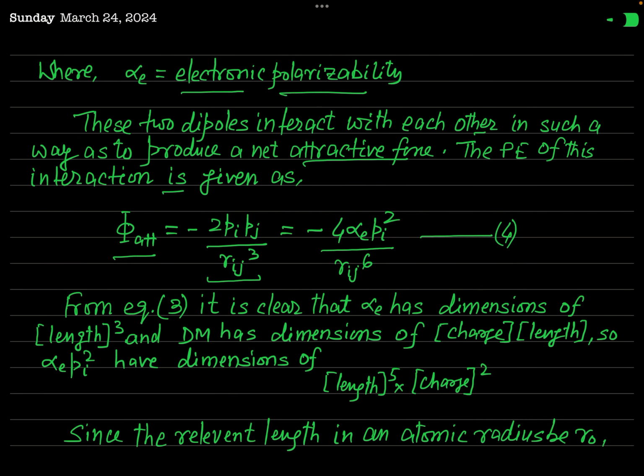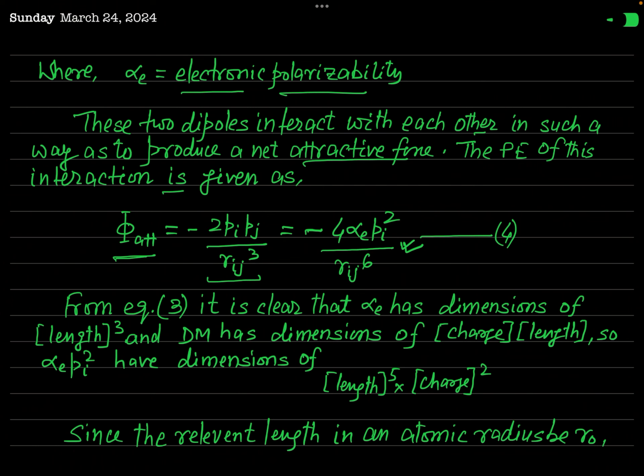After putting the value of pj, our result becomes phi attraction is equal to minus 4 times alpha E pi square over rij to the power 6. This is the expression for the attractive potential energy due to the attractive interaction between two induced dipoles.